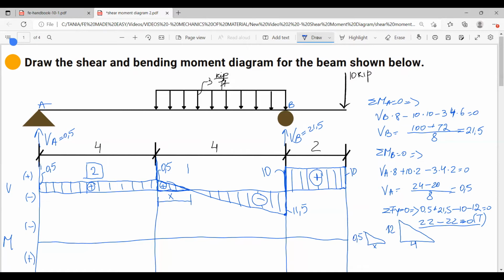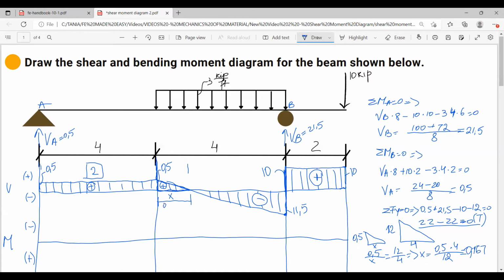So now we can easily calculate x: 0.5 relates to x the same way as 12 relates to 4. From here, x equals 0.5 times 4 divided by 12, which equals 0.167.